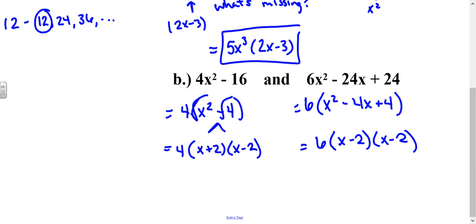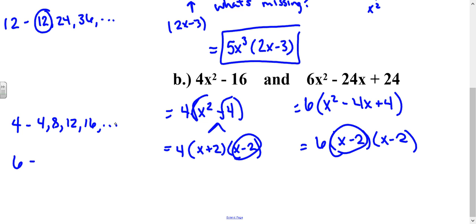If I look at both parts now, they both have an x minus 2 in common. If I look at the numbers, I have 4 and I have 6. Multiples of 4 are 4, 8, 12, 16, and so on.